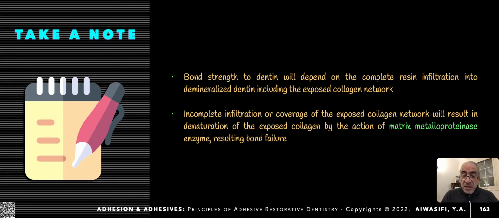Okay, please know that bond strength to dentin will depend on the complete resin infiltration into demineralized dentin, including exposed collagen. The same as that for enamel. The bond strength to enamel is affected by the extent to which the bonding agent infiltrates inside your micropores, and we already mentioned that it is highly related to the pore diameter rather than the pore length.